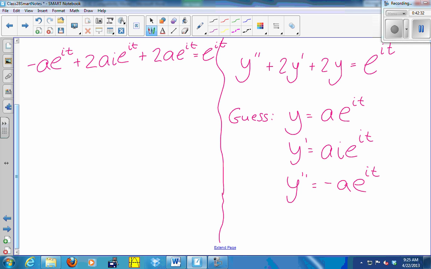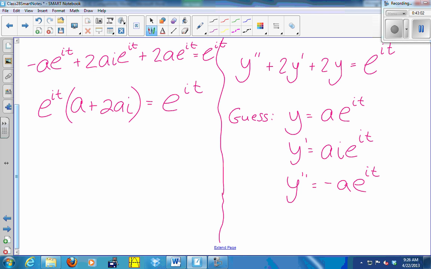Every term has an e to the it, so I'm just going to combine them all into one. So I have e to the it times negative a plus 2a gives me an a, plus 2ai. I'm just factoring out an e to the it, or combining like terms.